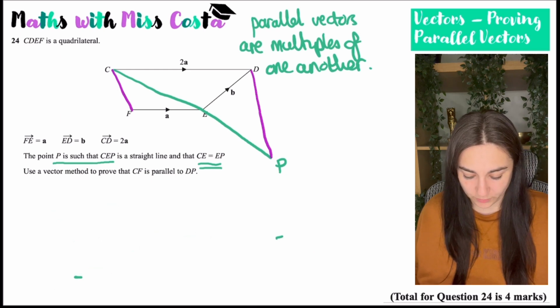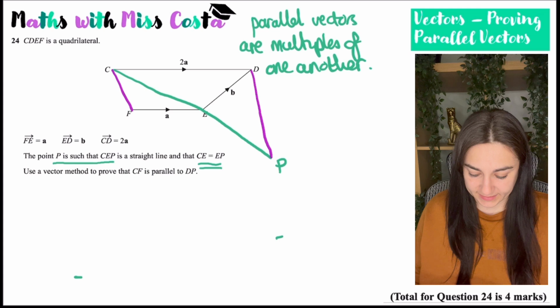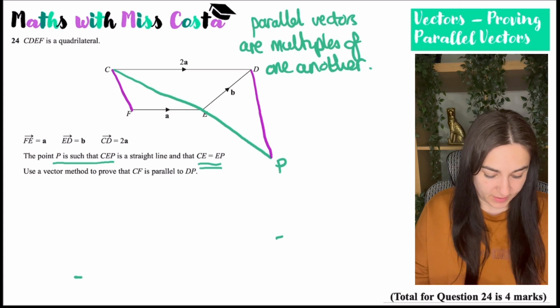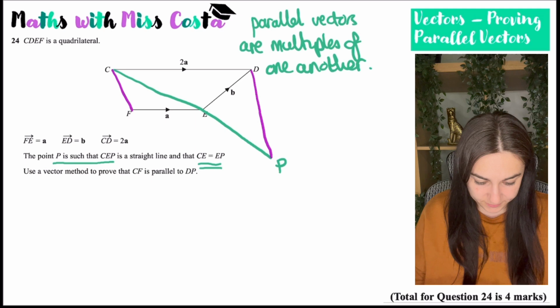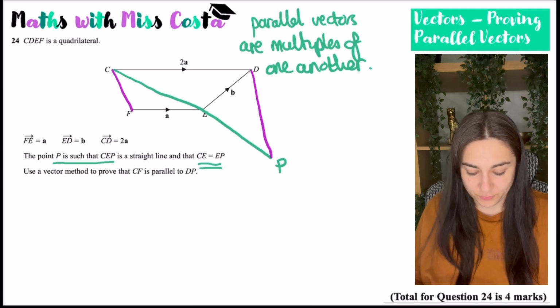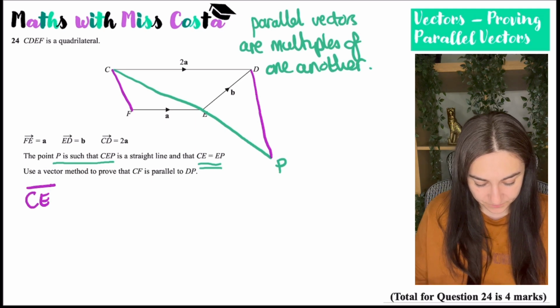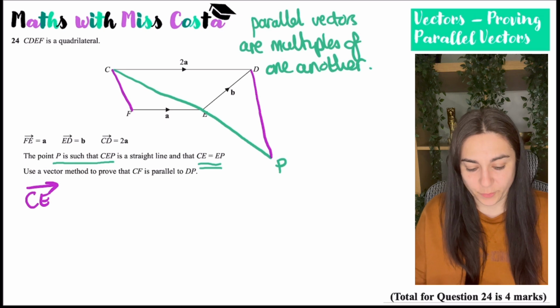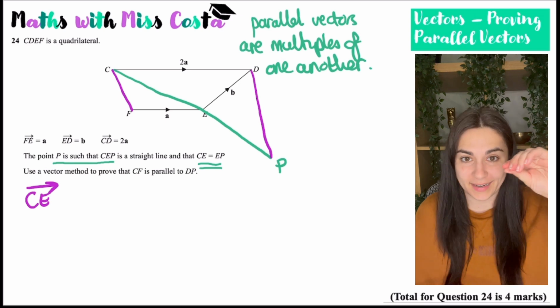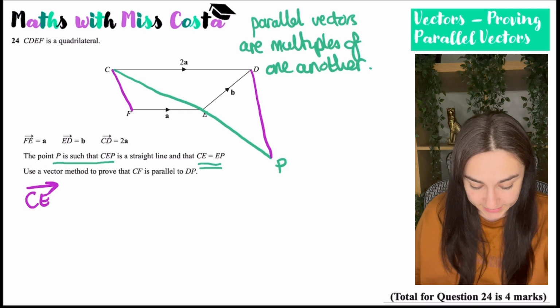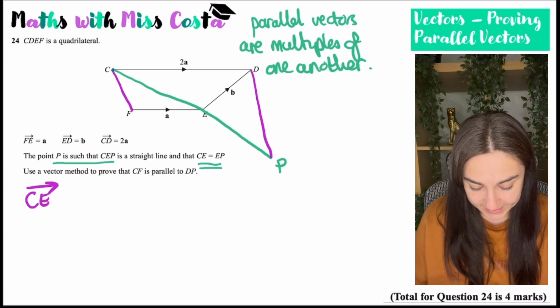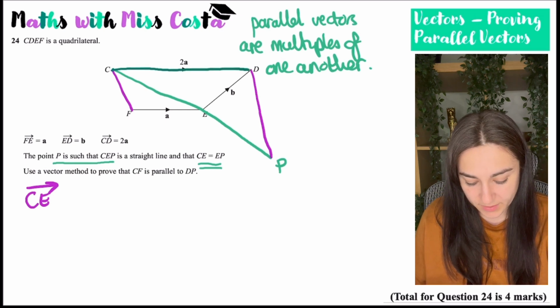So let's have a look at what's going on here and which vectors I can write as what. So first of all, let's have a look at how I can write CE. So the vector CE, remember with the vectors, all we're doing is we're like a little ladybug and all we can do is travel along the vector lines that we've already been told. So to get from C to E, I'm going to go along this route.